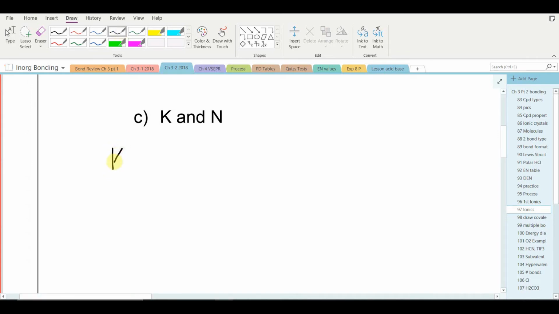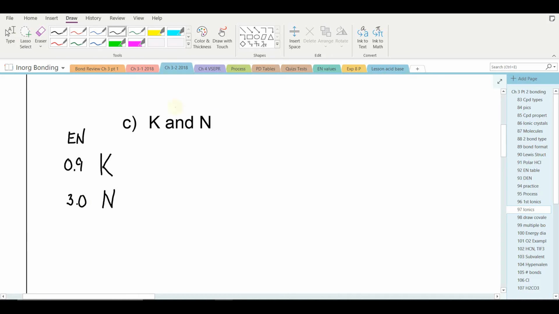Potassium and nitrogen. Let's get the electronegativity values and just check the difference in electronegativity to ensure that they are in fact ionic. Potassium 0.9, nitrogen is 3.0.